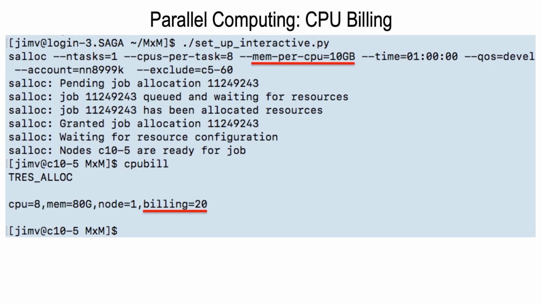Requesting the same job with 10 gigabytes of memory now results in a billing factor of 20, indicating that the CPU time is 20 times longer than the wall time. Comparing this to the previous instance where we requested 4 gigabytes of memory giving a billing factor of 8, it's clear that the billing factor increases with higher memory usage. Therefore, it's crucial to avoid using more memory than necessary to prevent unnecessary consumption of CPU hours from your quota.